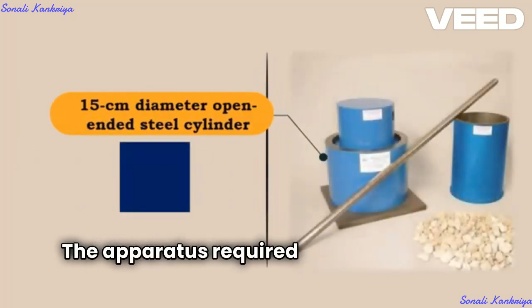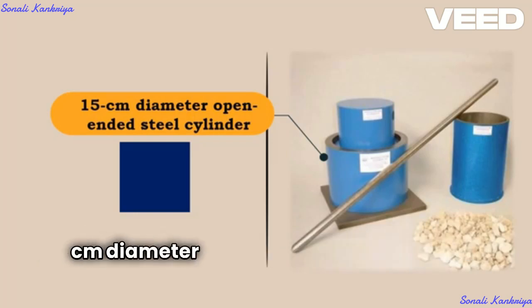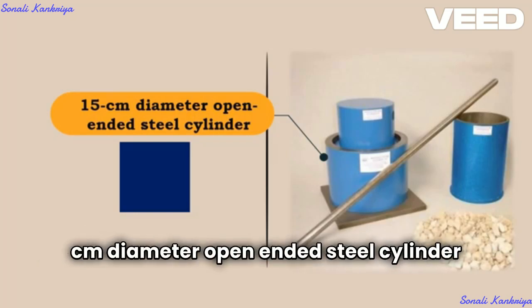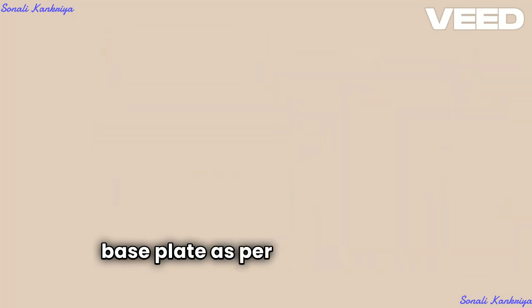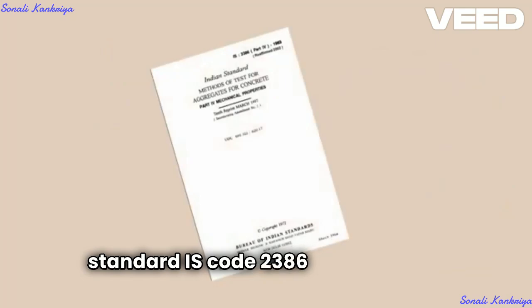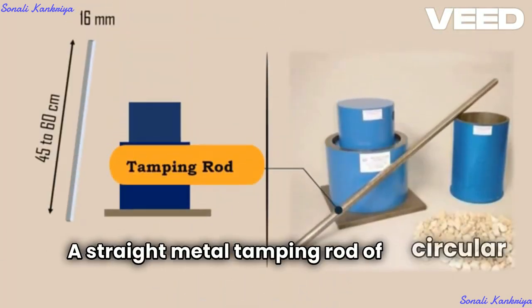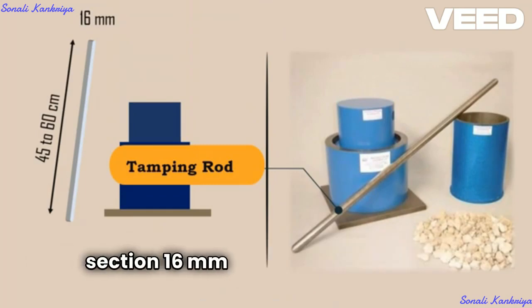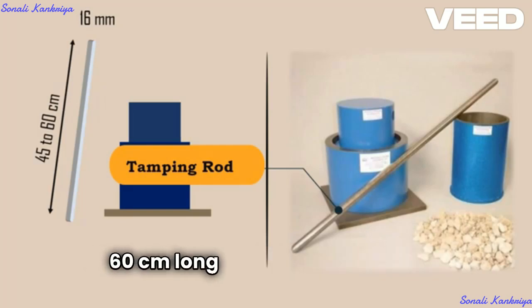The apparatus required for this test are a 15 cm diameter open-ended steel cylinder with plunger and base plate, as per the dimensions conforming to the Indian Standard Code IS 2386 Part 4 1963. A straight metal tamping rod of circular cross-section, 16 mm in diameter and 45 to 60 cm long, rounded at one end.